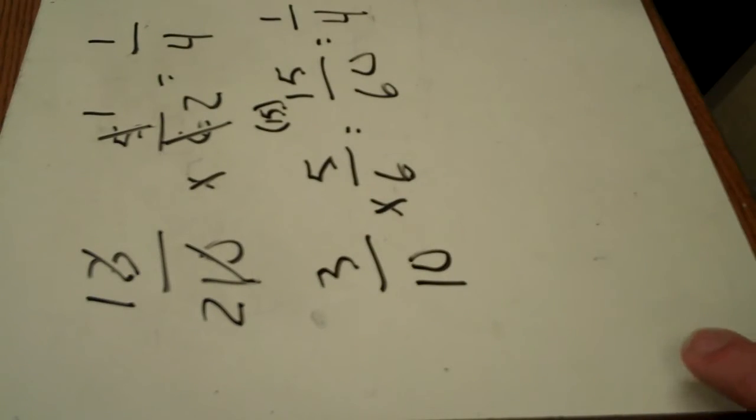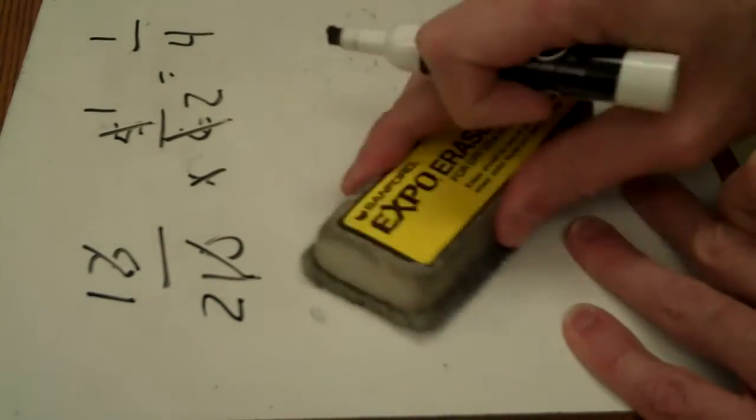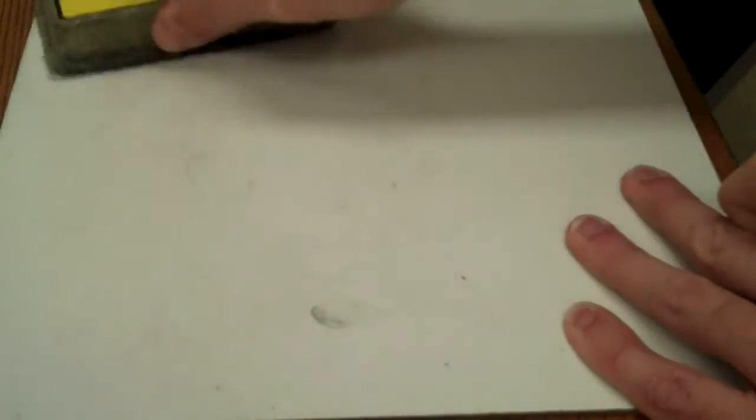I hope that helps explain things a little bit and makes things a little bit easier for you. I see a lot of you are still having difficulty with your multiplication facts. There's no simple way to put this.